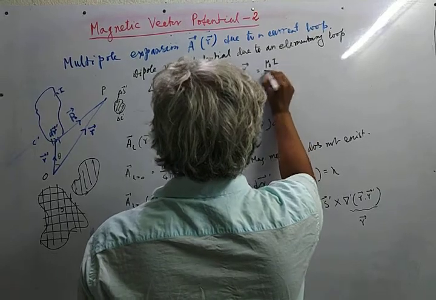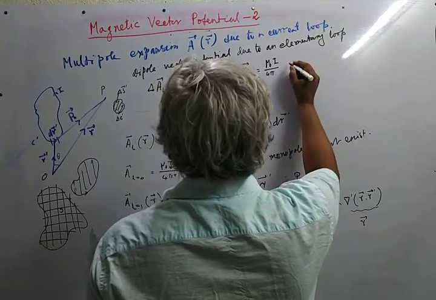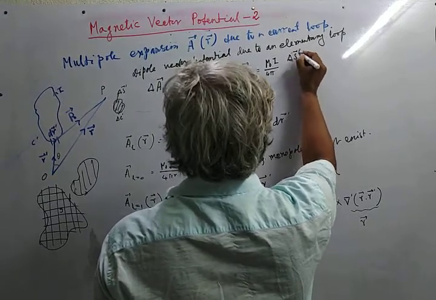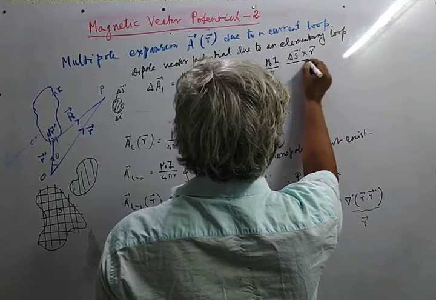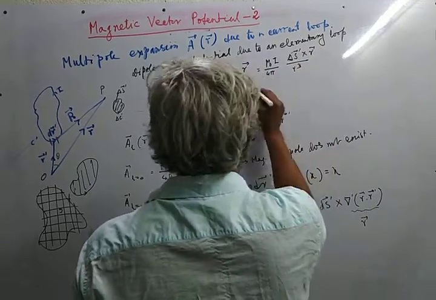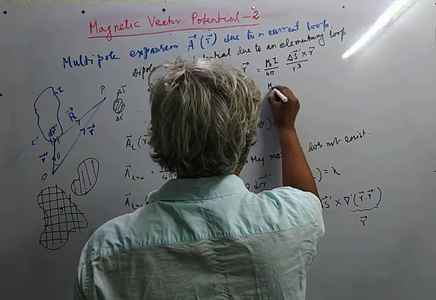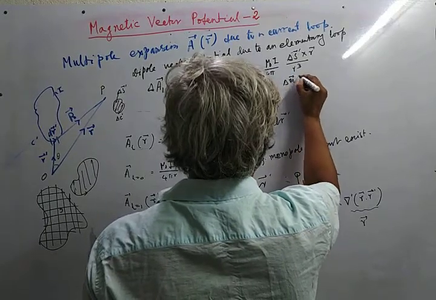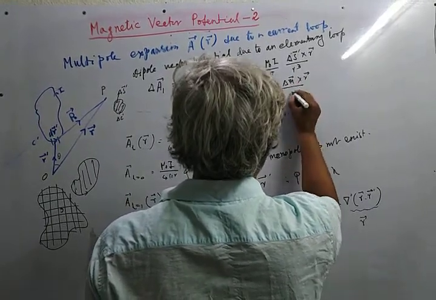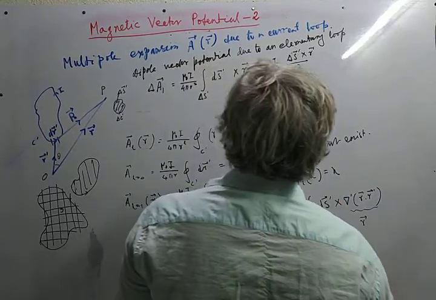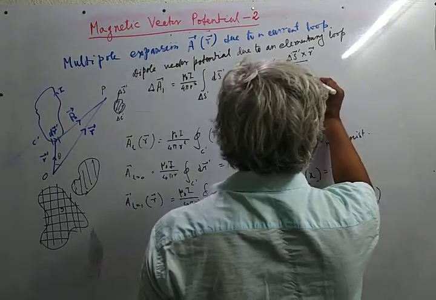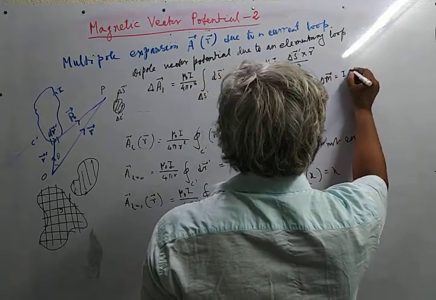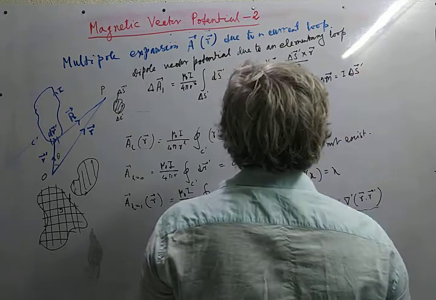So the result is mu 0 I upon 4 pi. We rewrite it as mu 0 upon 4 pi delta m cross r by r cube, where delta m is I times delta s vector.